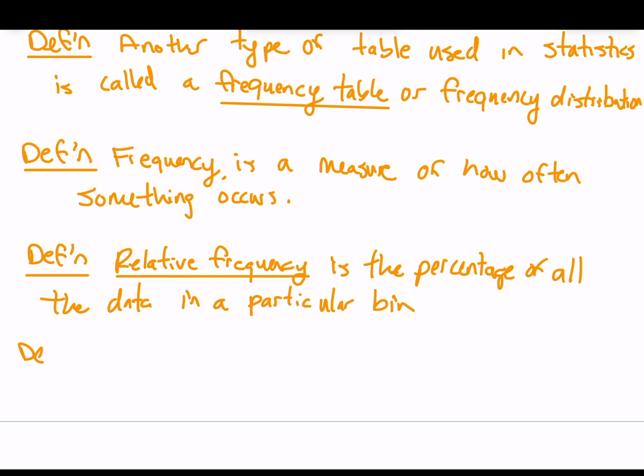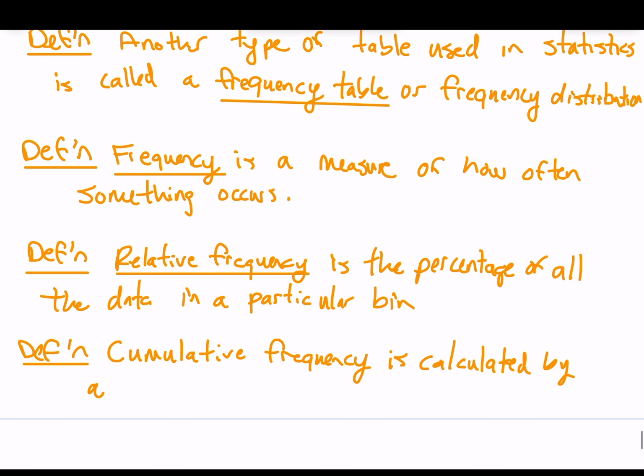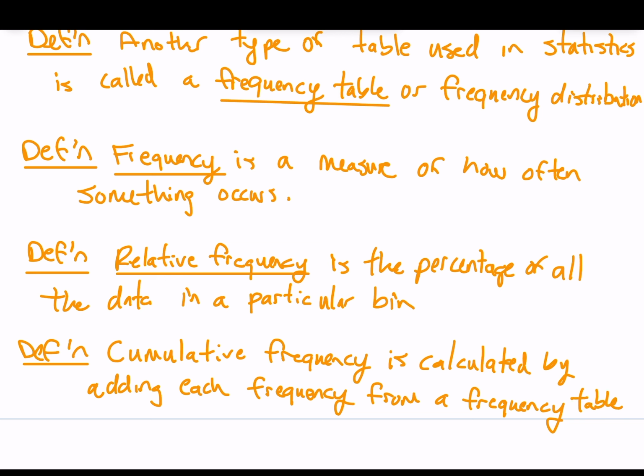And finally, cumulative frequency is calculated by adding each frequency from a frequency table to the sum of its predecessors.